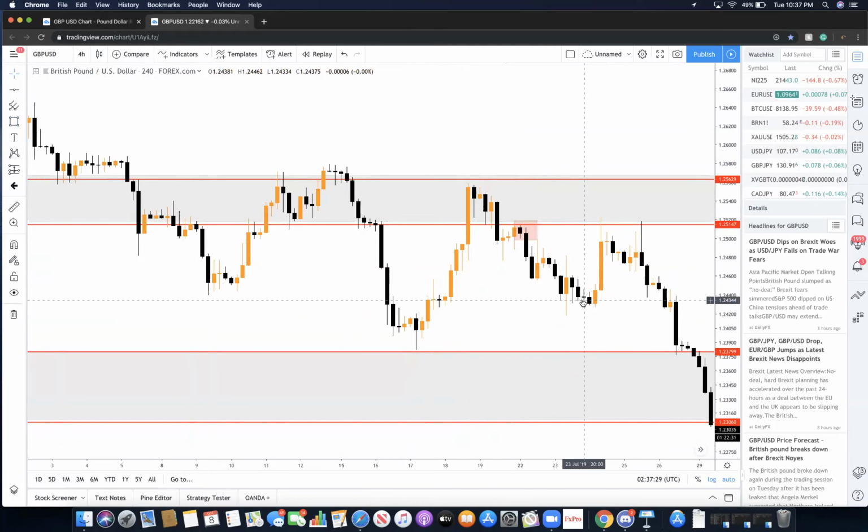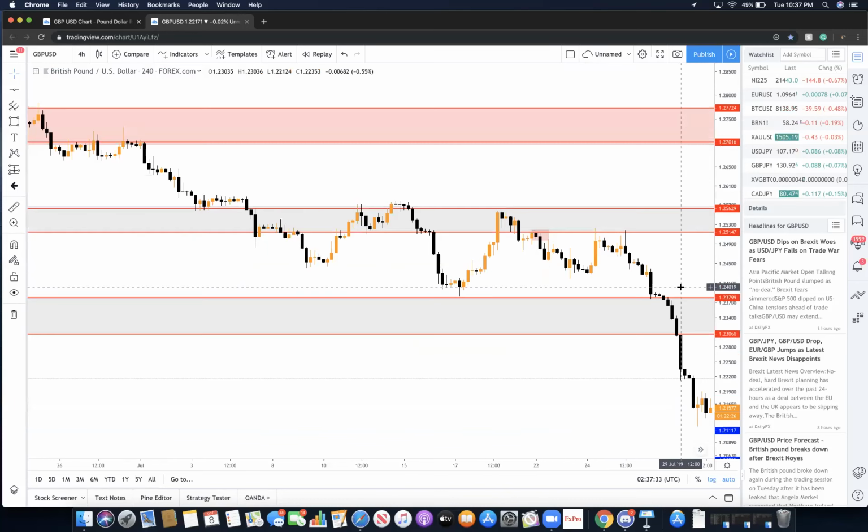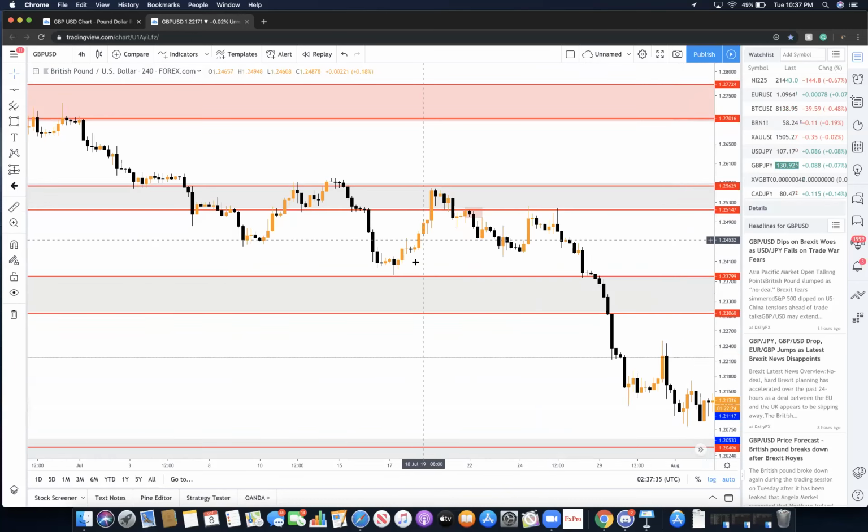The market came back one more time to retest and then made its real move to the downside. Type 1 if you're with me. Perfect.